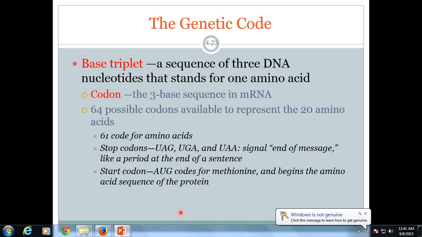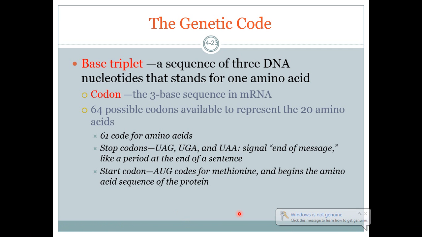The code also contains stop codons that end the translation to amino acids, and a start codon that also codes for methionine. Okay, in your textbook on page 119, you'll see the table, which gives you the various codes.